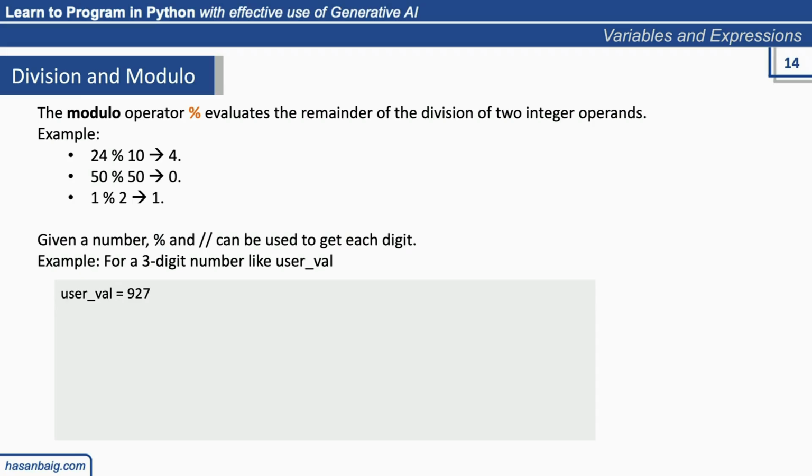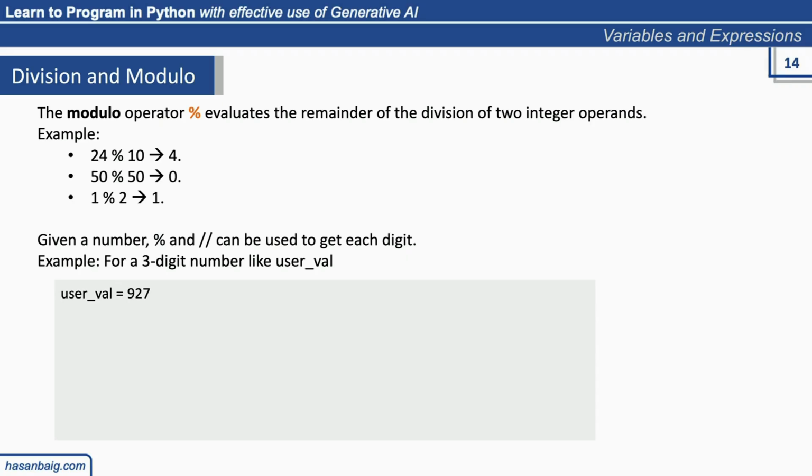Let's say I have 927 and I just want to retrieve the last digit. In order to pick up digits, you need to divide a number by 10, 100, 1000, 10,000 or whatever. So if you floor divide it by 10, what will you get?